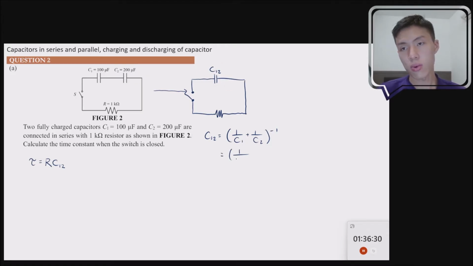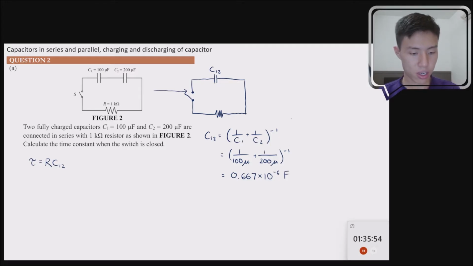So once C1 is 100 mil, C2 is 200 mil. Okay, my answer will be 0.667 times 10 to the power of -6 farad.